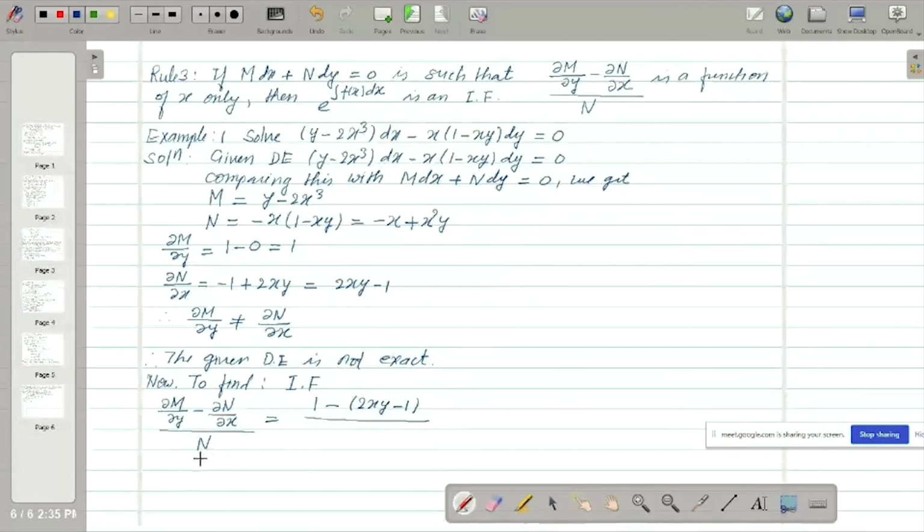What is N? N is minus x plus x square y. Just solve this. So this becomes minus, plus.